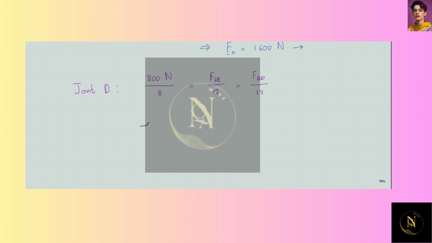This allows us to find two of the forces immediately. We get F_BD to be 1,700 newtons, and that's compression, and we get F_DE to be 1,500 newtons of tensile force. So we found two of our forces.